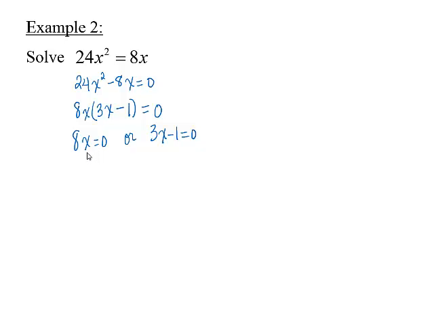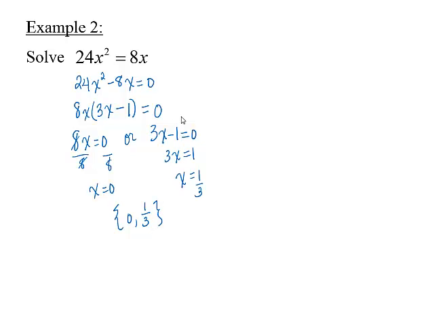Solving, be very careful here. 8x equals 0. We divide by 8, right, because that's a coefficient, not a term that's added. We get x to be 0, or we add 1 to get 3x equals 1, and divide by 3 to get 1/3. The solution set is 0, 1/3.